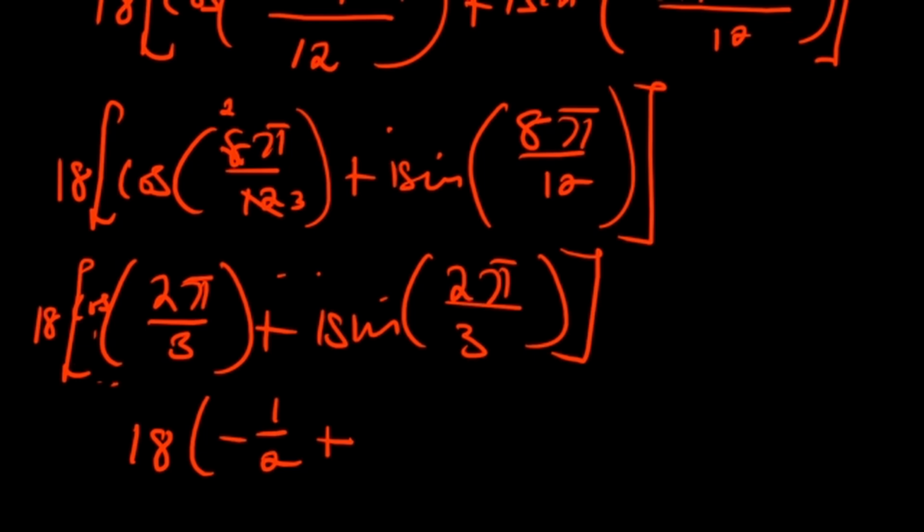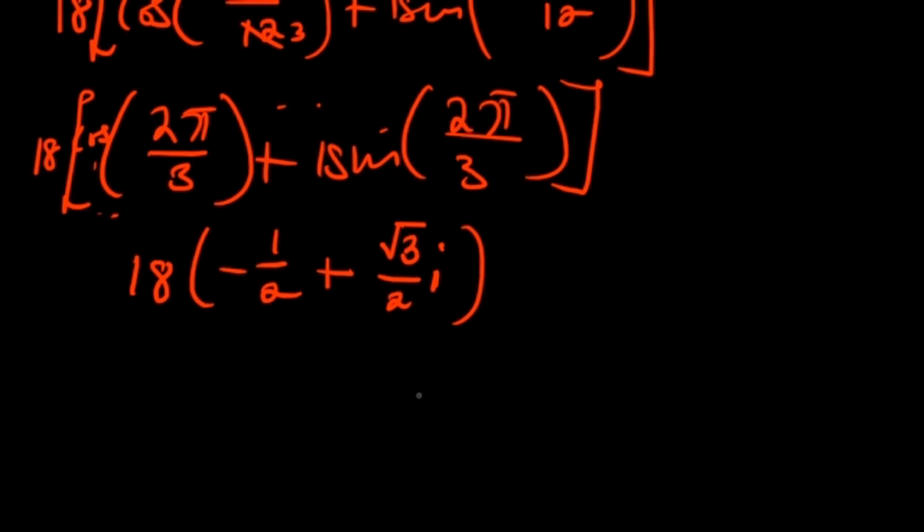And here we have the next one, which is sine 2 pi over 3. So this is giving me root 3 over 2. So we have root 3 over 2, and then it's still being multiplied by I. Okay, so this one right here is the real part, while this is the imaginary part.